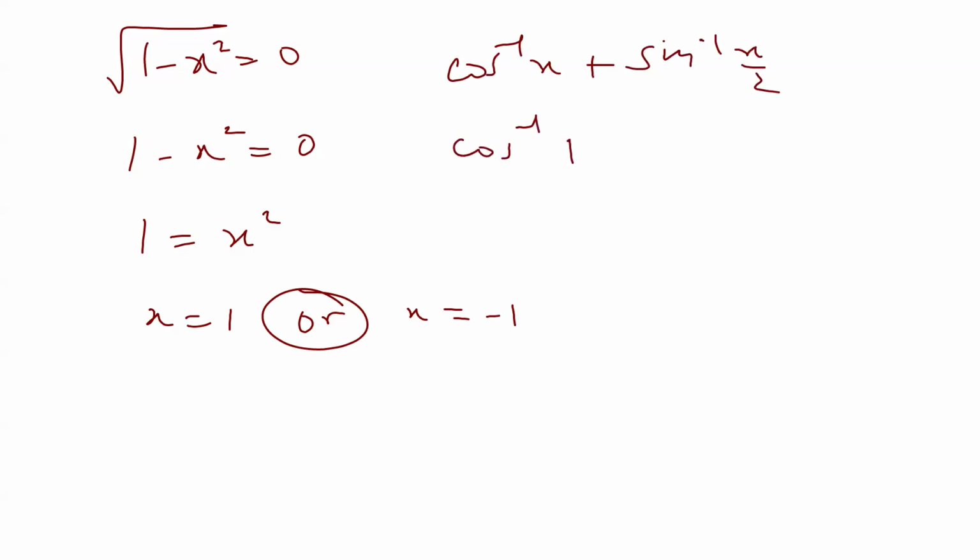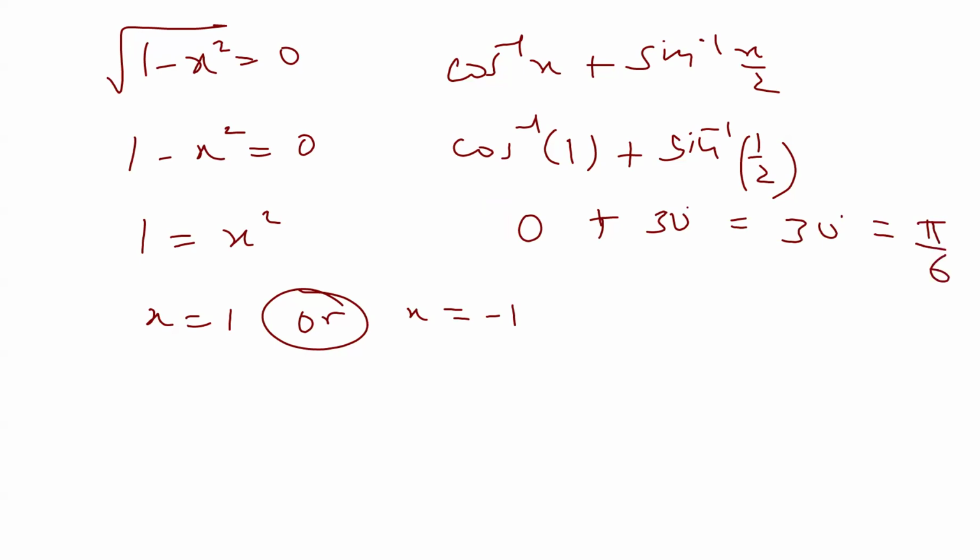We take x equal to 1. Cos inverse of 1 is 0, sorry. Okay. And sine inverse of half is 30. So this is equal to 30 degree, which is equal to pi by 6 as required in the problem statement. So yes, this is the correct answer.